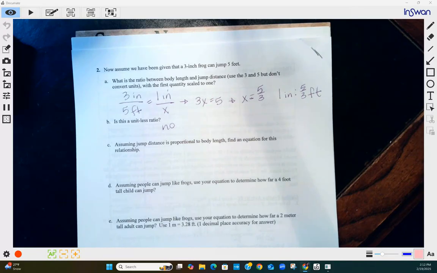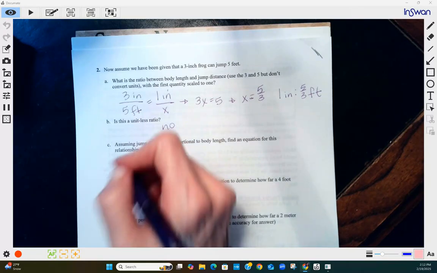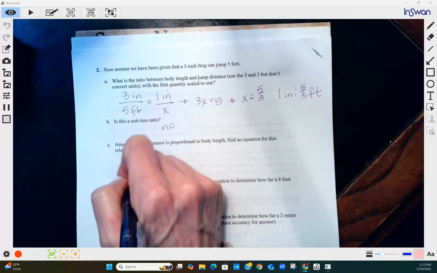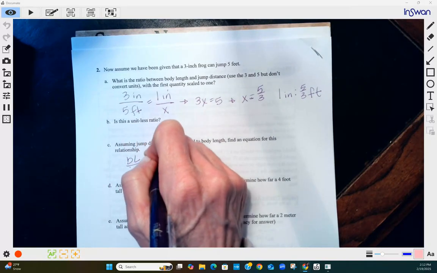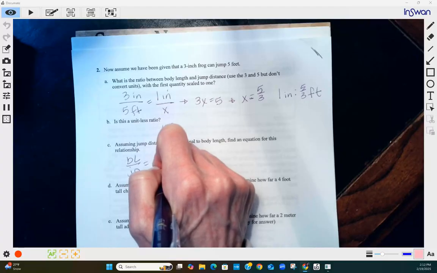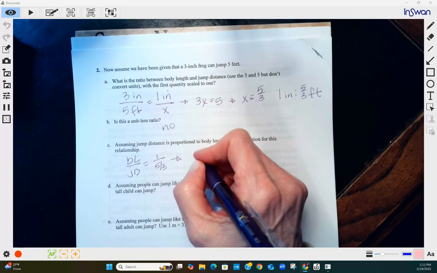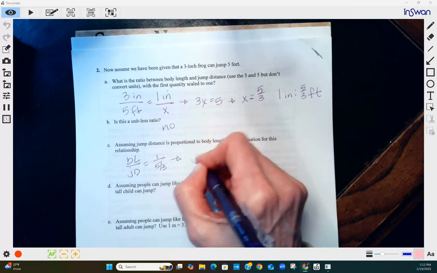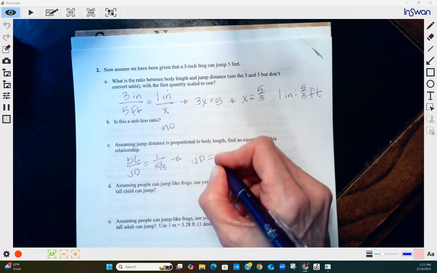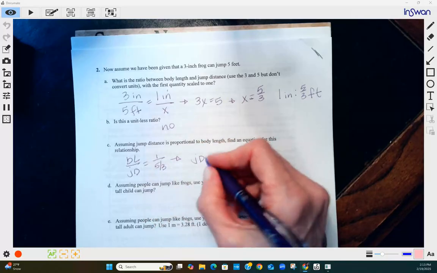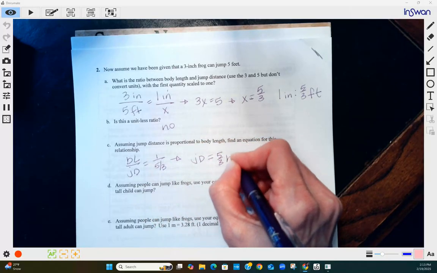All right, assuming jump distance is proportional to body length, find an equation for this relationship. So body length over jump distance equals 1 over 5/3. So we're just cross multiplying. We have jump distance times 1 equals 5/3 times body length.